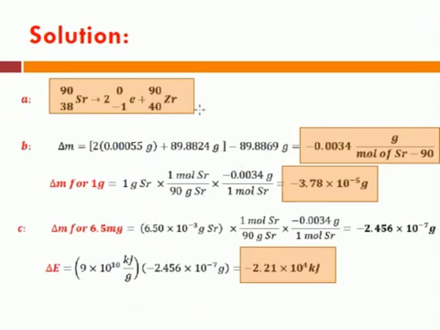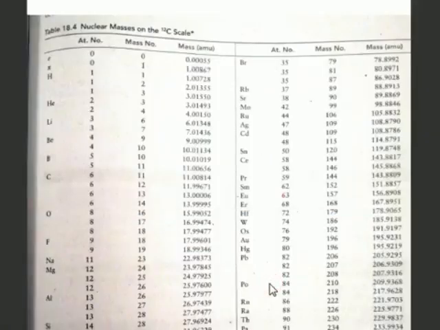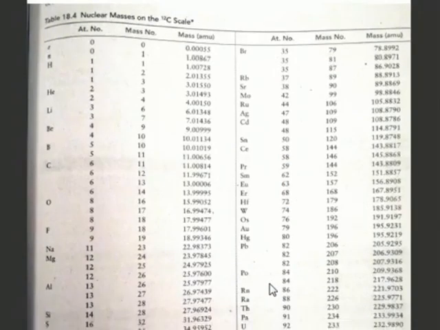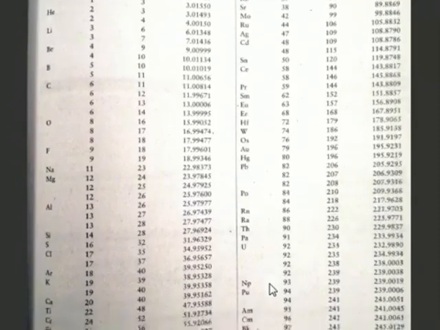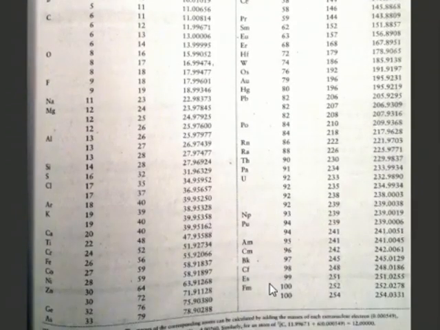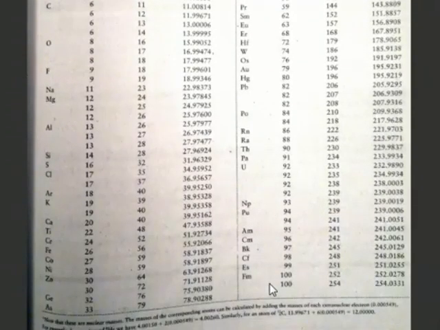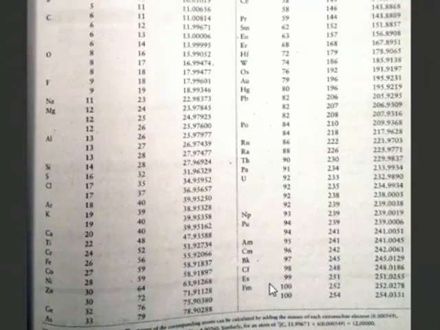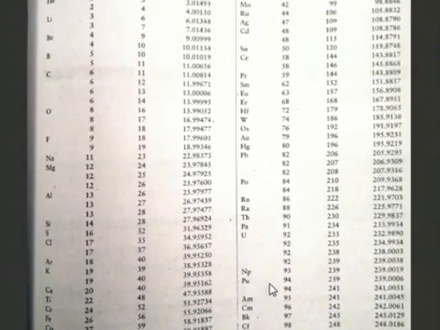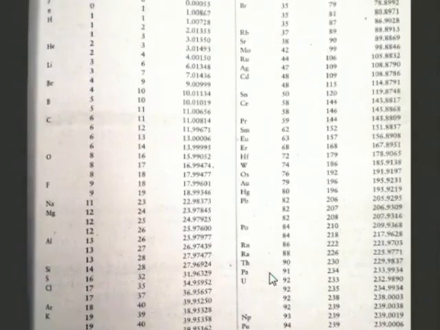Then minus strontium-90. Based on the table, where's strontium-90? Okay, this one, 89.8869.